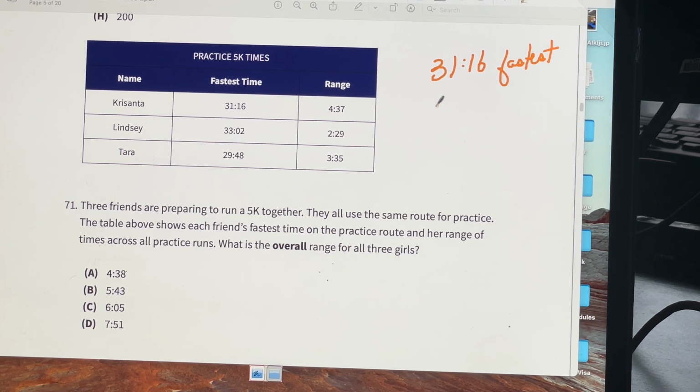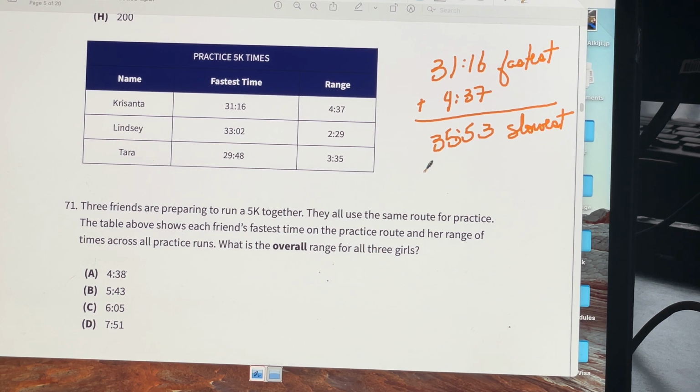Her slowest, we have to add 4 minutes and 37 seconds. So we're gonna get 13, carry 1, it's a 5. So this is her slowest. Remember, we're running here, right? And when you're running, you want to finish in the least time possible. So we're not subtracting 437, we're adding 437.